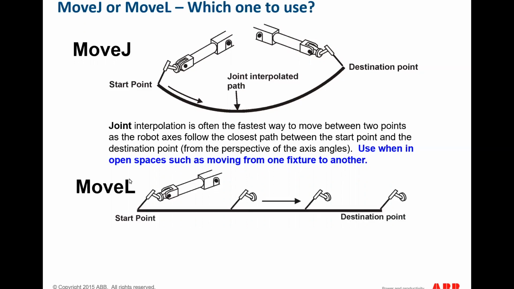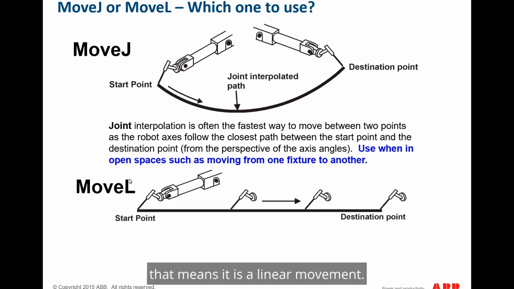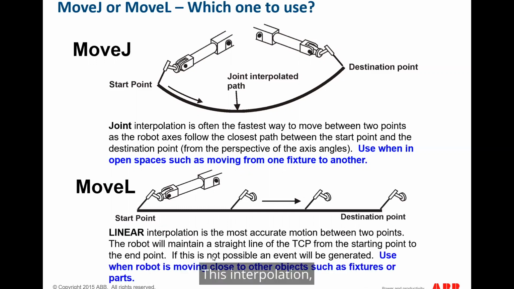And for move L, that means it is a linear movement. This interpolation is the most accurate motion between the 2 points. So when you use move L, the robot will maintain a straight line.